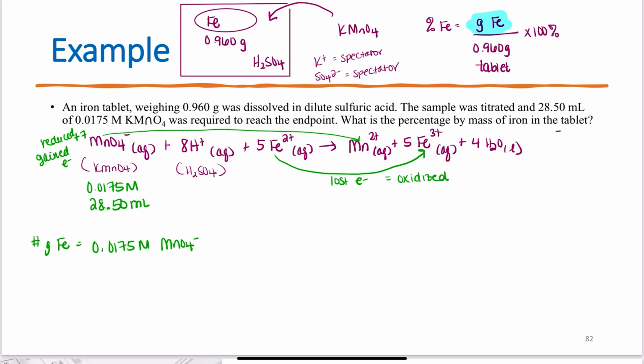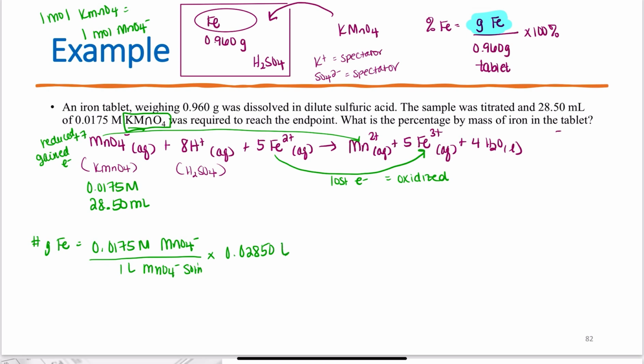Same difference because KMnO4 is a 1-to-1 ratio. So for every 1 mole of KMnO4, there's 1 mole of MnO4 minus per 1 liter of MnO4 minus solution.